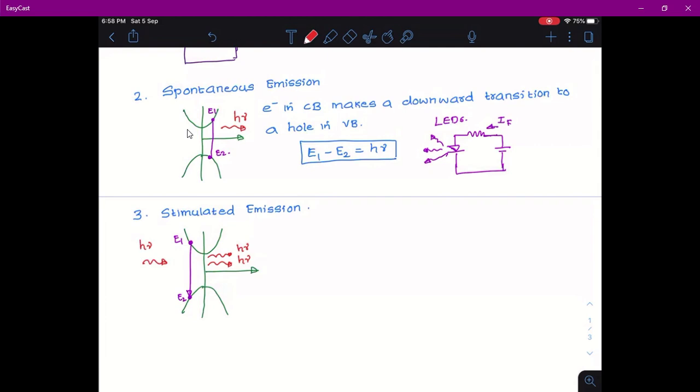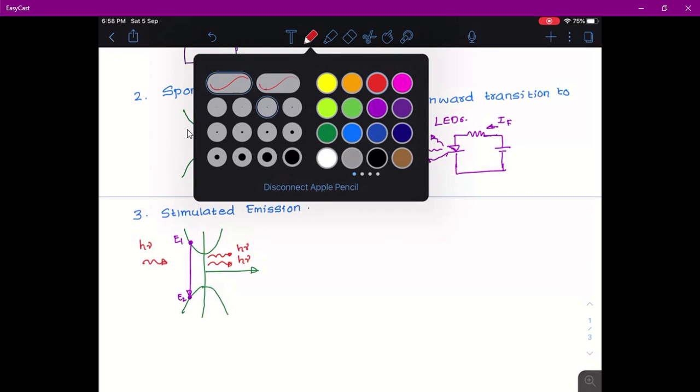So the electron will jump from conduction band of high energy level to valence band of low energy level, and while jumping it will give out energy in terms of a new photon along with the incident photon, so that the conservation of energy is maintained.